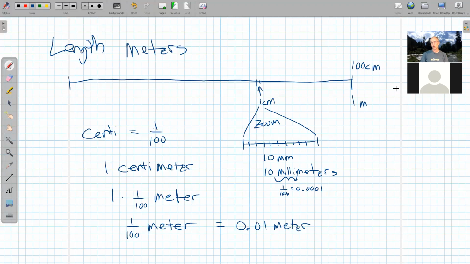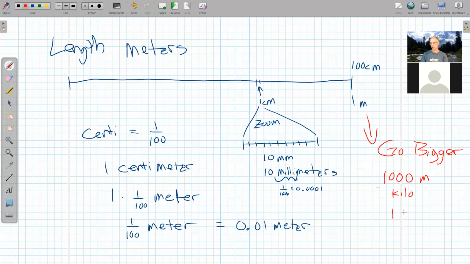We could also blow a meter up and go bigger. And if I were to collect 1,000 of those meters, those things that are the distance from the floor to my belt level, the top of my hip, 1,000 is a kilo. So kilo means 1,000.